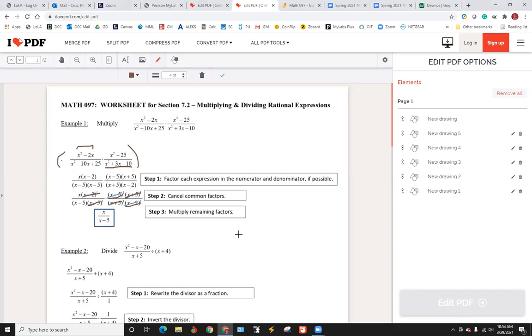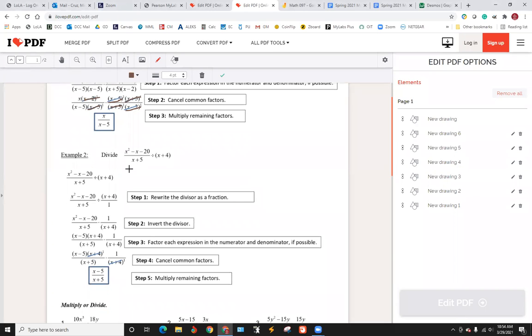All right, now the next one is division. And remember, division is multiplication by the reciprocal. So it first looks like this. That's x plus 4 over 1. When you just have whole numbers or even variables that have nothing in the denominator, that's seen as 1. That's why we can consider this a rational expression, because it can be written as a fraction if we want to, like this, x plus 4 over 1.